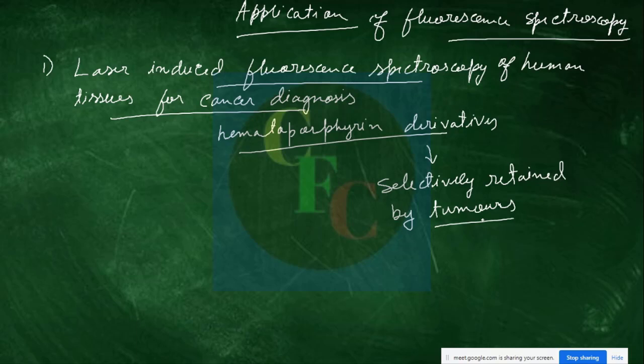By detecting that fluorescence and scanning the body, you can easily detect where the tumor is, and whether there is a tumor at all, because healthy tissues are not supposed to retain these hematoporphyrin derivatives. So this is how it is done.